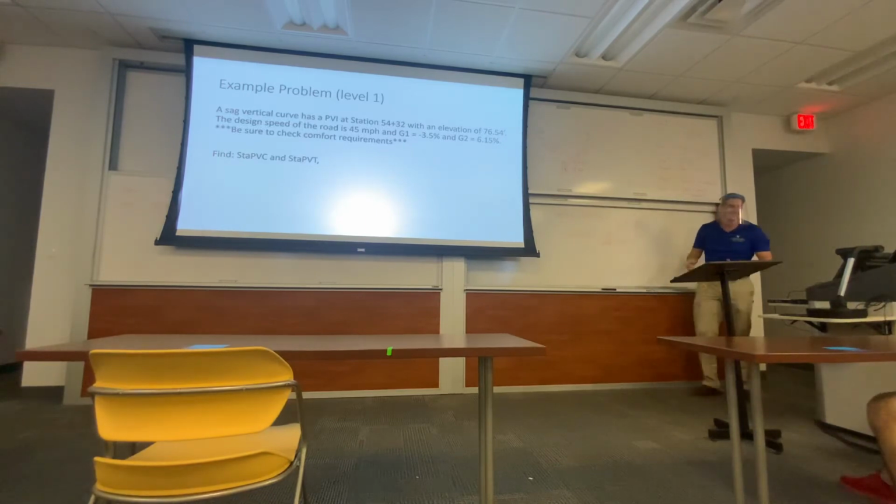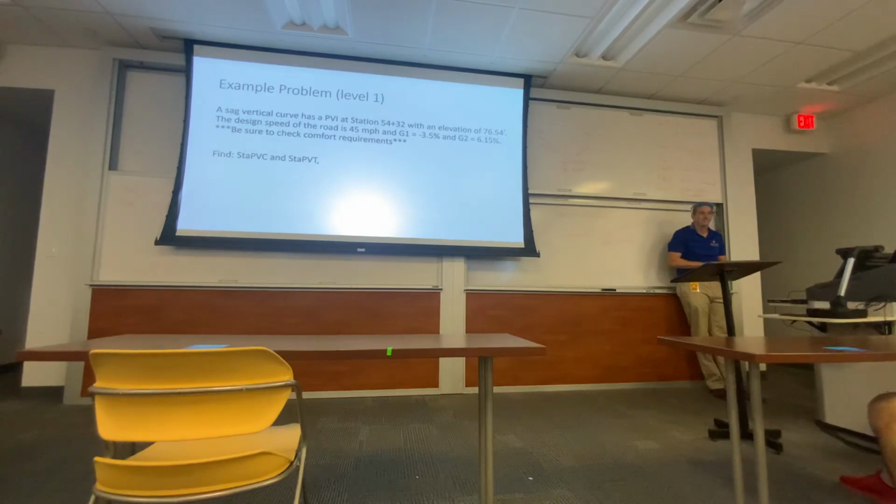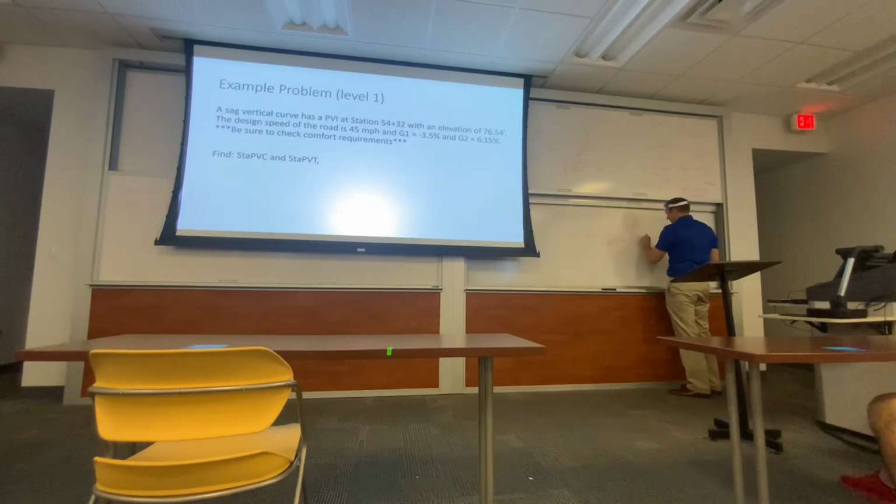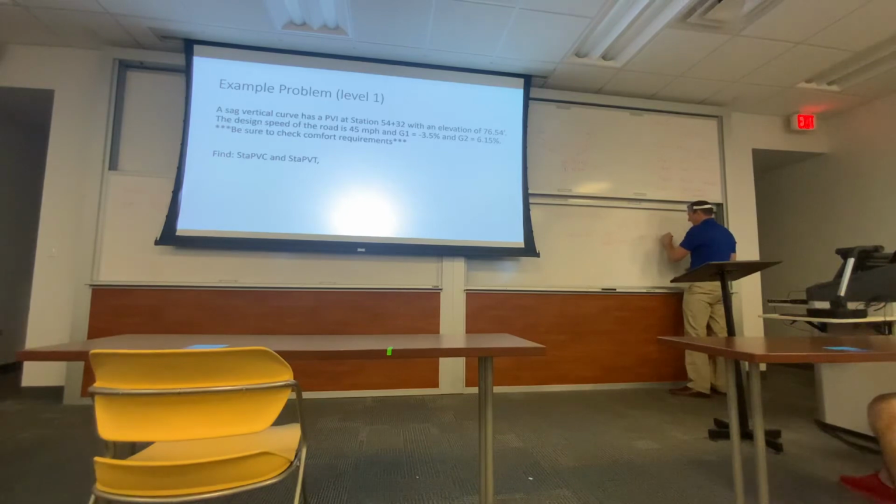What is our sight distance? From what I can see, I got 385. 390? No, 381. He already rounded it. 381 approximately equal to 385.